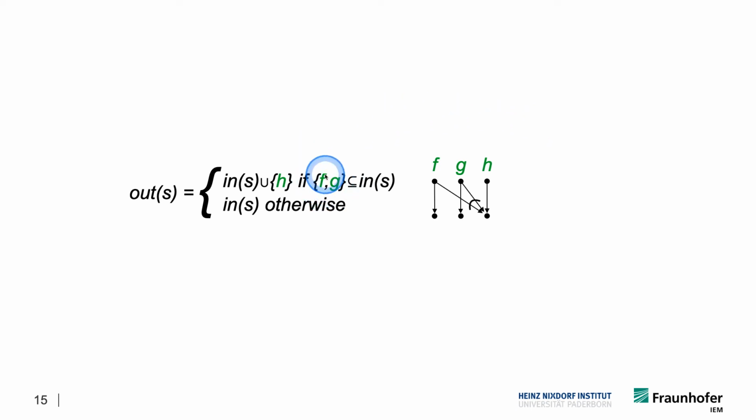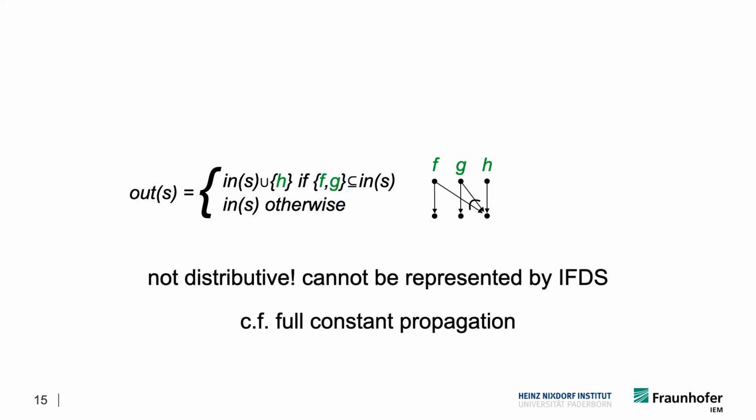And they don't necessarily both have to be part of the inset, right? And so here I want to really check the entire subset. And it turns out that this cannot be represented by IFDS because you would need such a hyperedge, right? That looks at both input values at the same time.